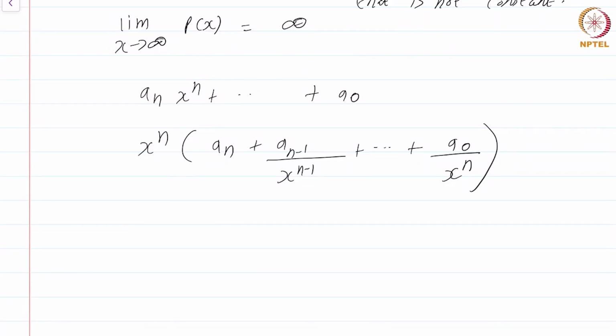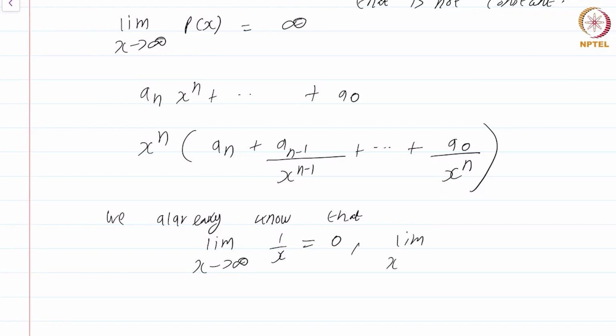Now we already know that the limit as x goes to infinity of 1 by x is 0. In fact, the limit as x goes to infinity of 1 by x^k is also 0.